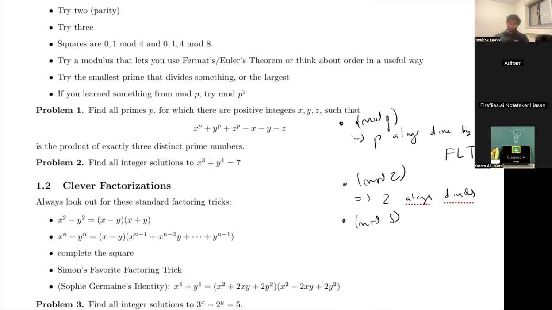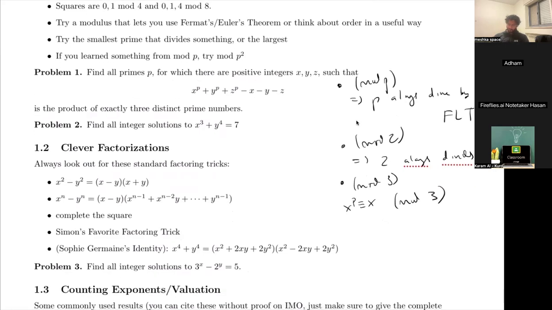Great. So now we consider mod 3, and you're claiming that x to the p is congruent to x mod 3. Is it true? If x is 0, it's true. If x is 1, it's true.